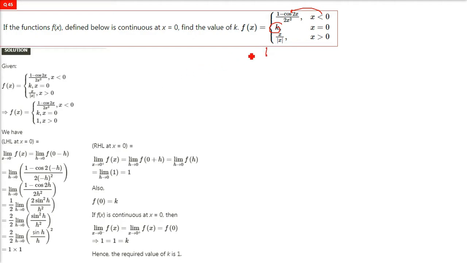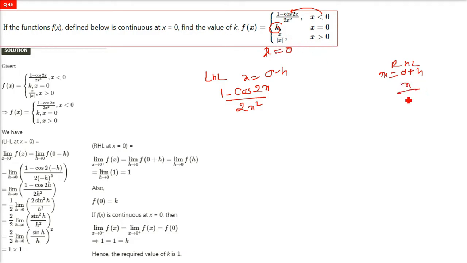So we'll go left. We have to check at x equals 0, so LHL, RHL. Left hand limit will use 0 minus h in this case, and for the right hand limit x will be 0 plus h.